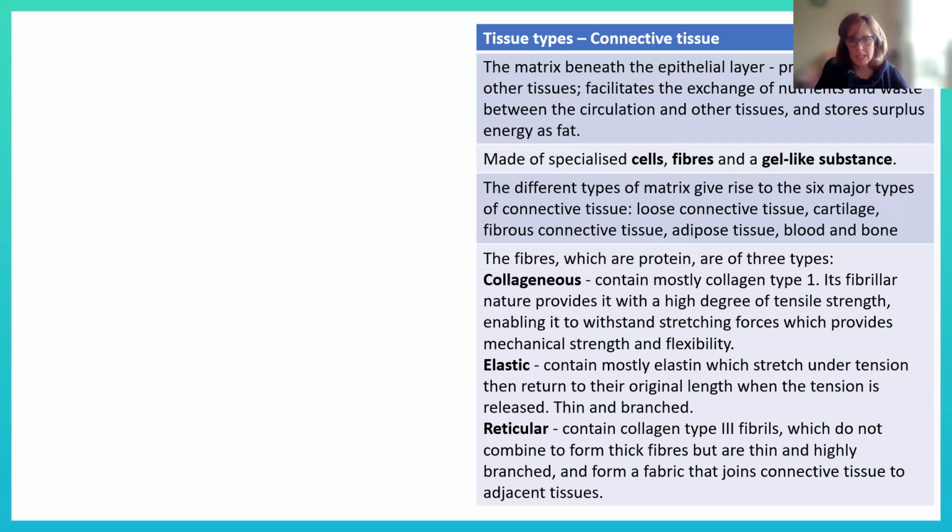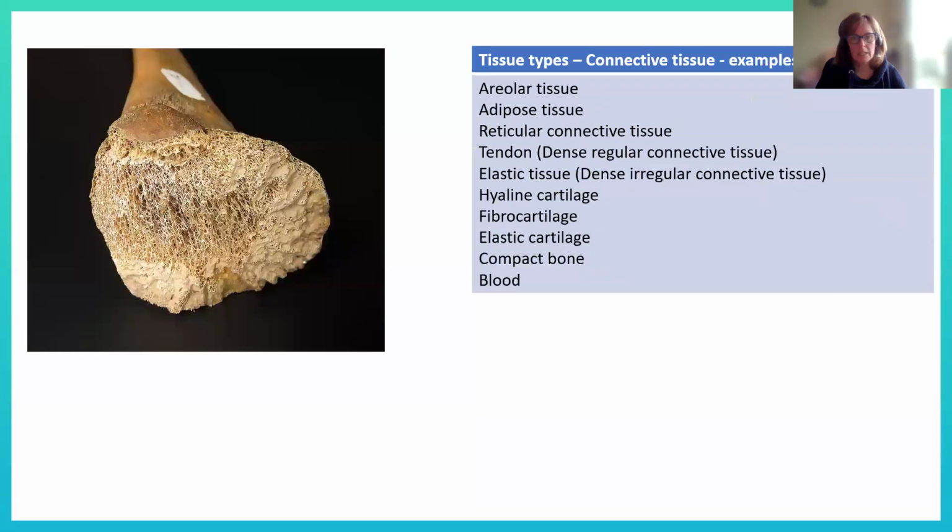We've got elastic fibers, which stretch under tension and return to their original length. They're thin and branched. And we've got reticular fibers, which contain collagen fibrils again, and join connective tissue to adjacent tissues, because obviously all these tissues have got to join together and often form organs as well, which we'll look at later.